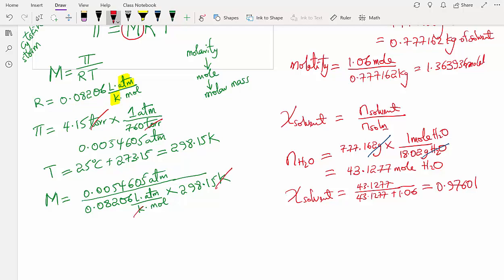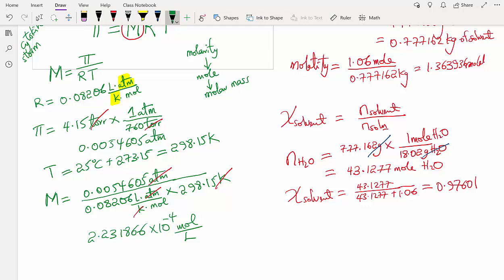Kelvin will cancel out, atmosphere will cancel out, which means we're going to end up with the unit of mole per liter. And my calculation gives me 2.231866 times 10 to negative 4 mole per liter. Remember that moles per liter is the same thing as molar. Now we know the molarity.